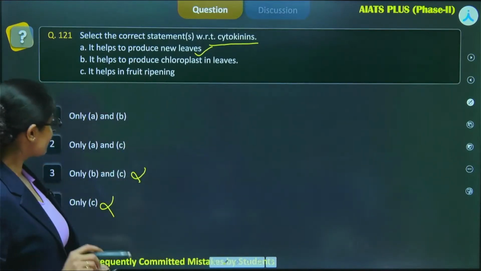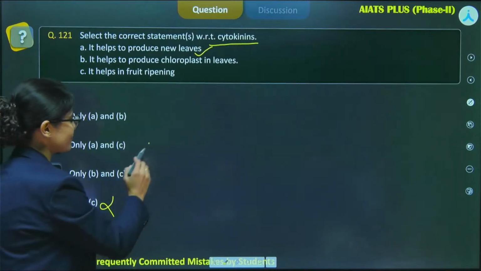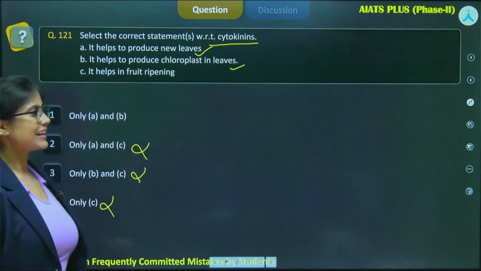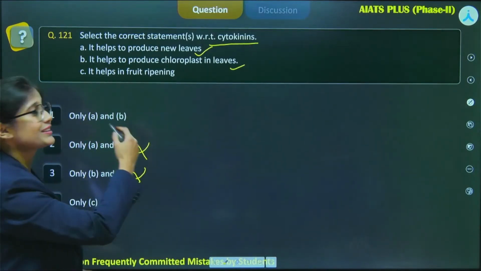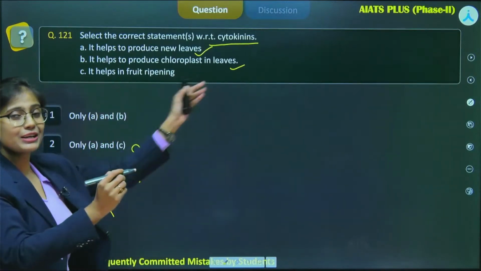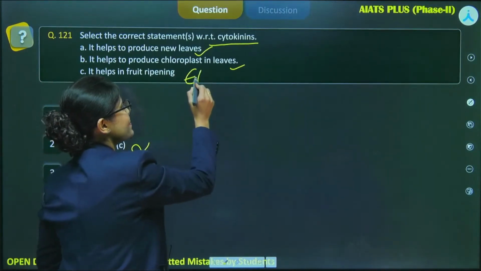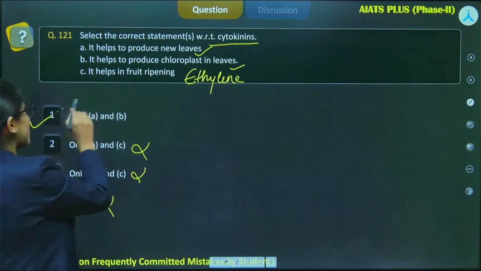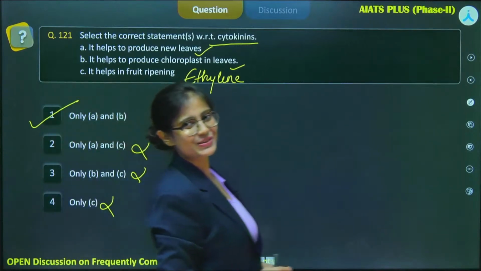So I have to choose the option which contains B. That means option 2 gets ruled out. So from this only I can hit the correct answer. But let's see the third feature, which says it helps in fruit ripening. It is not facilitated by cytokinin, but it is done by ethylene. So for cytokinin, only A and B are correct.